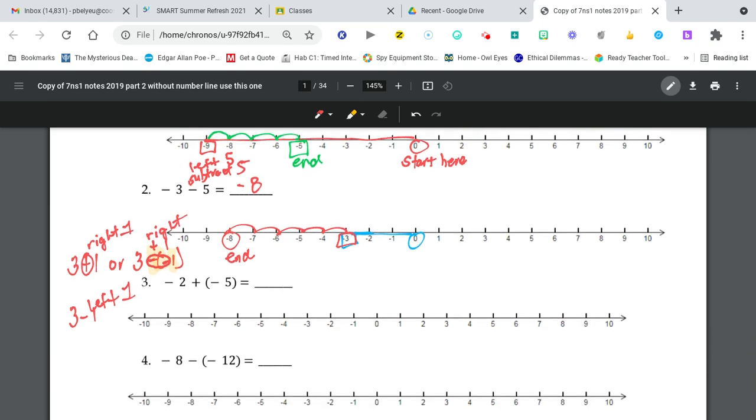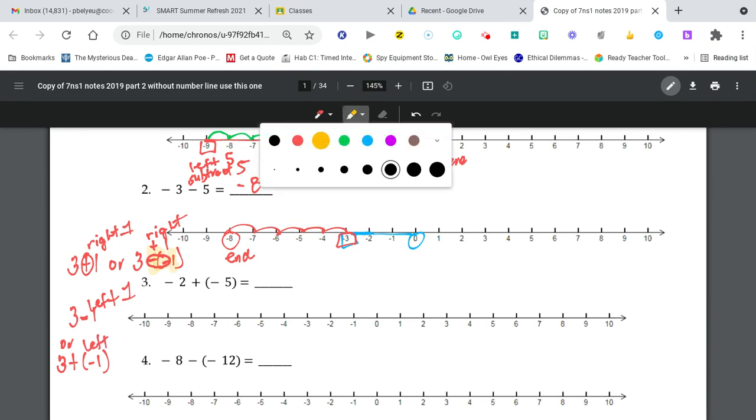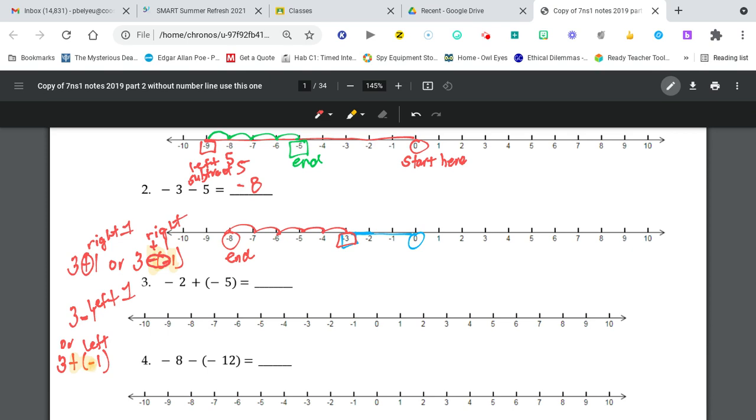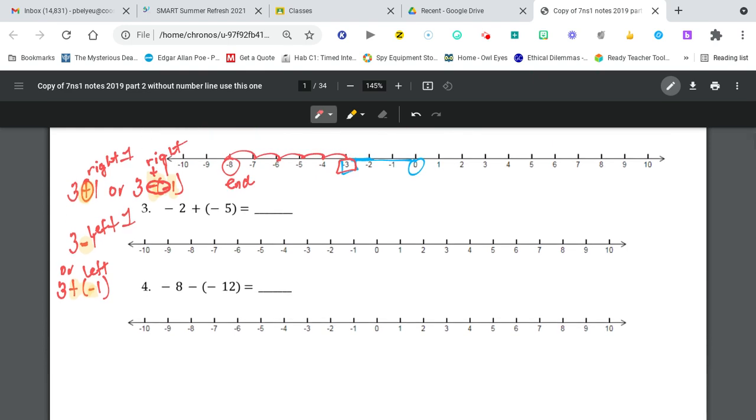Now, if you see something that looks like this, plus or negative is the same as minus 1. Okay, plus and negative is the same as minus. But minus and negative is the same as plus. So I want you to keep that in mind. Plus some negative.